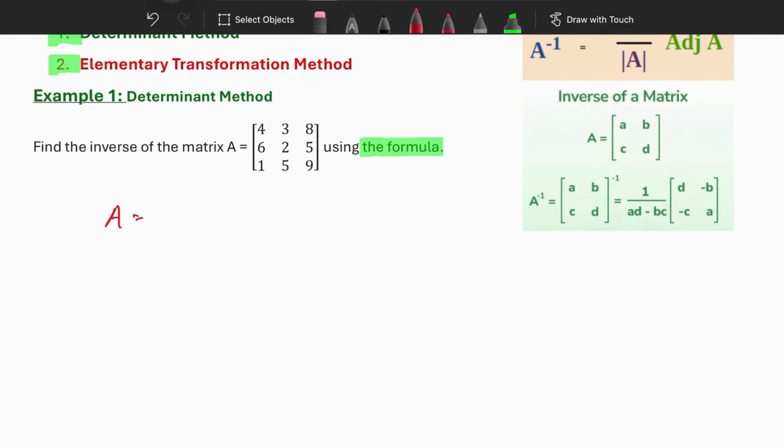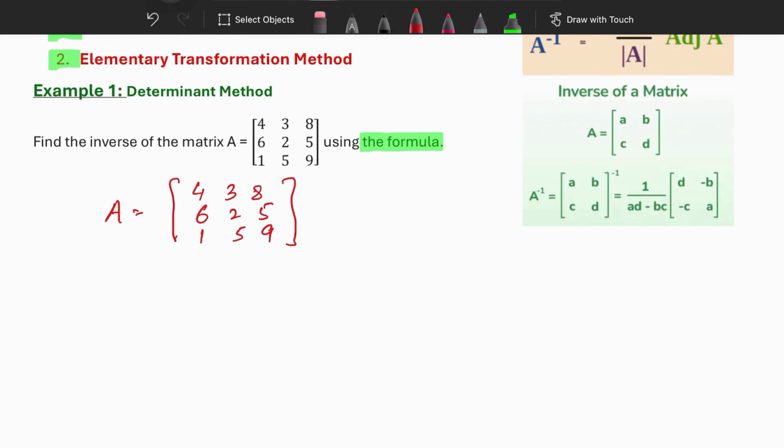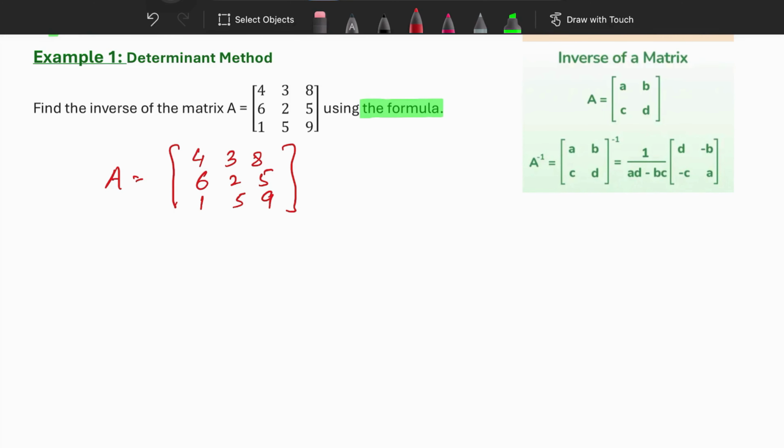So we have the matrix A, which is equal to [4 3 8; 6 2 5; 1 5 9], and we are trying to find the determinant value first of all. The determinant of A, as you know, I have to go by row.